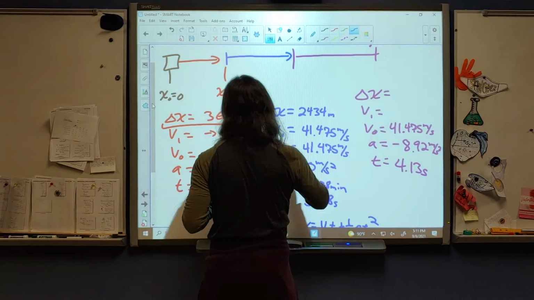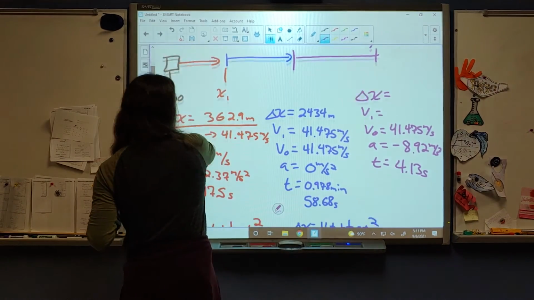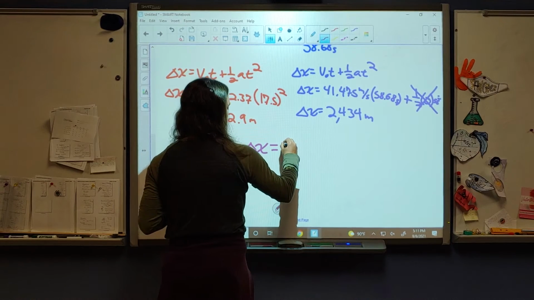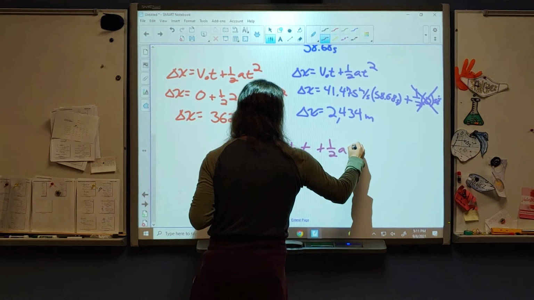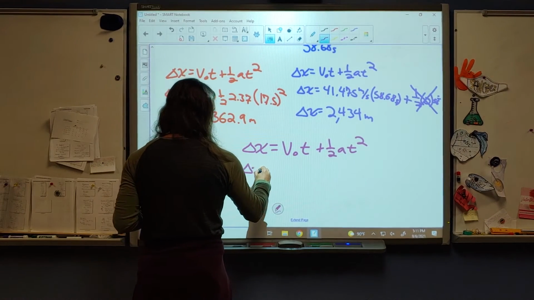Once again, we don't know the final velocity on this. That's okay. That's not something that we're actually interested in, but that does tell us that we're going to continue using our second equation. Delta x equals v naught times time plus 1/2 at squared. Okay. Delta x is what we're after.